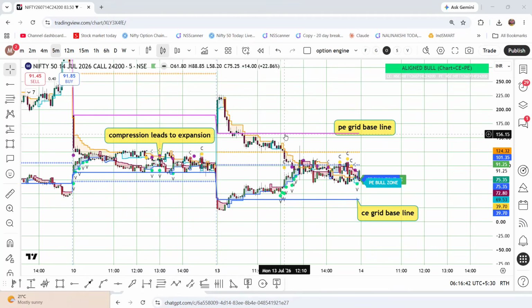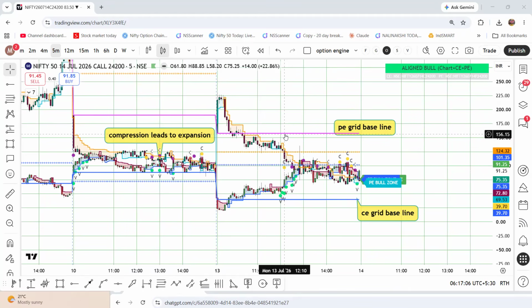They were approaching each other, almost neck to neck, 89, 89.90, 89.90 like that. And what happens when they suddenly start moving away from each other? I'm going to explain to you.